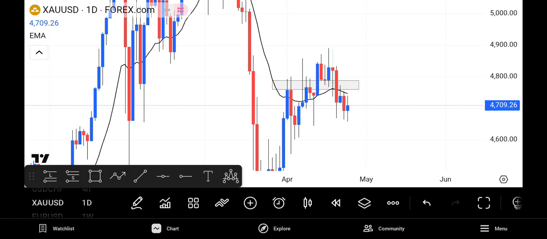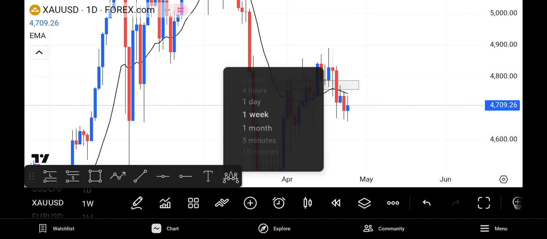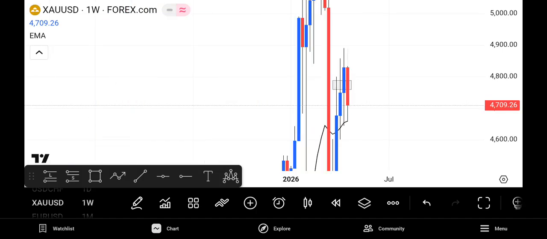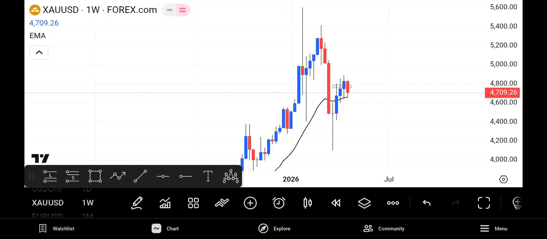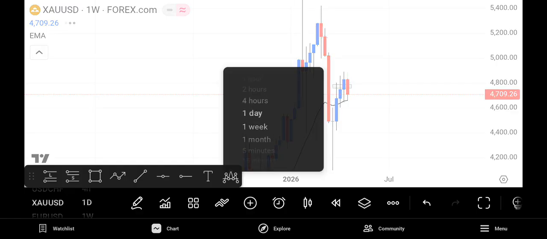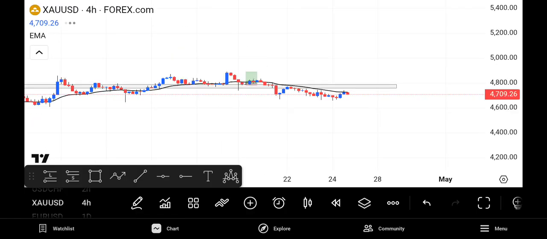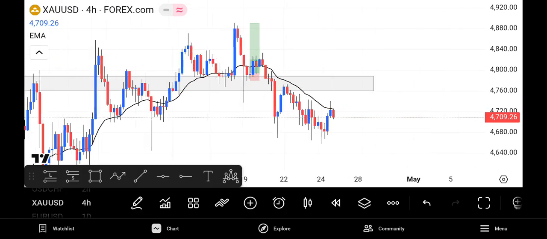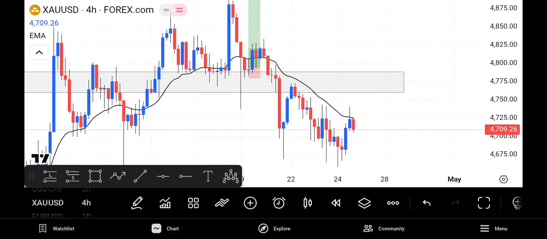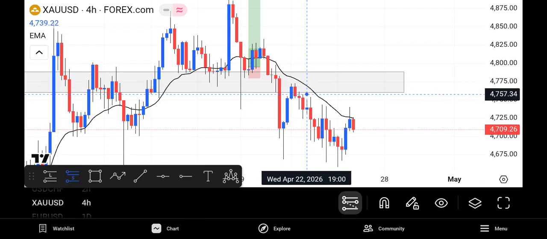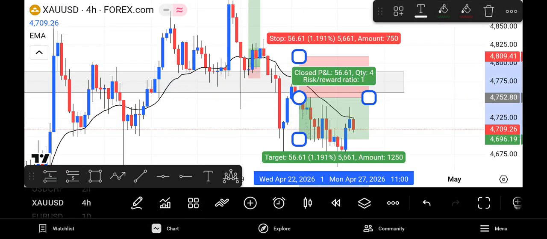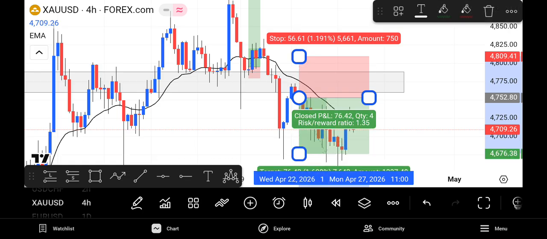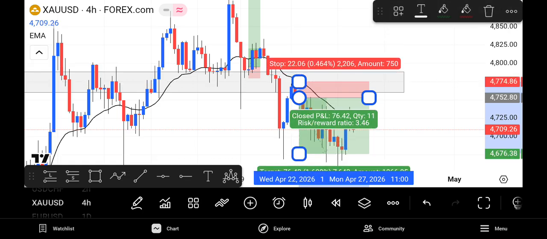So we are expecting to sell gold, and if you look at the weekly time frame of gold, you can see the daily is bearish, the weekly is also bearish. So we have two time frames in sync, and on the 4 hours, I missed this short sell on gold last week. I missed this sell on gold last week, but it's fine, it's gone already.